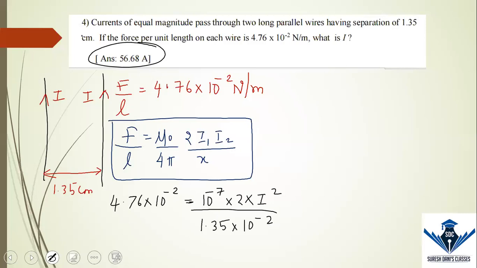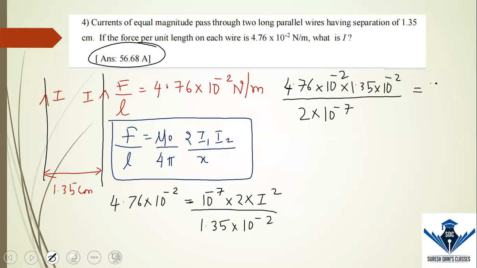So this means we are going to write 4.76 into 10 to the power minus 2 into 1.35 into 10 to the power minus 2 upon 2 into 10 to the power minus 7, which is equal to I squared. So I can cancel this, and it is going to be 2.38, if I'm not mistaken.